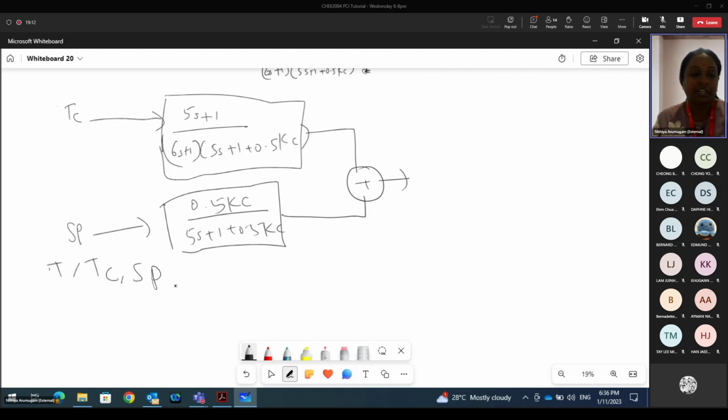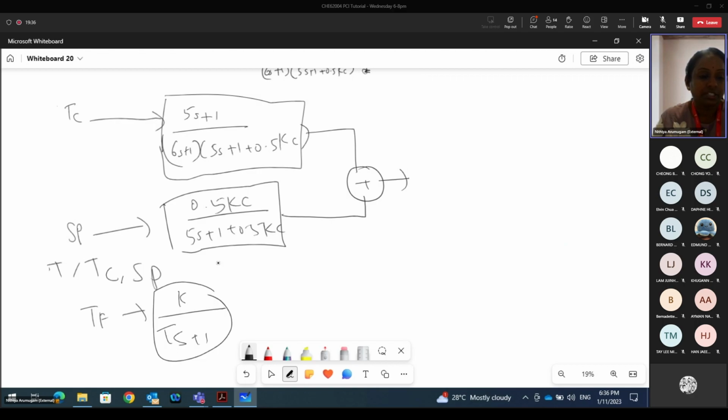We can also say the transfer function is rearranged in one more step so that we get the standard form in terms of the gain and tau s plus 1.